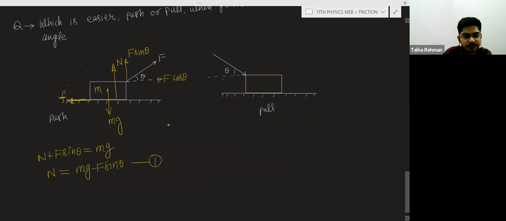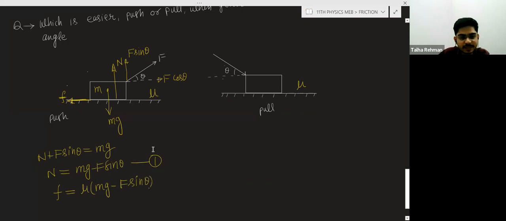Now what will be the friction force? Suppose both the surfaces are the same, and the coefficient of friction is given as mu. If we are comparing two things, the starting line should be the same. So friction force will be mu into N, so mu into (mg minus F sin theta).